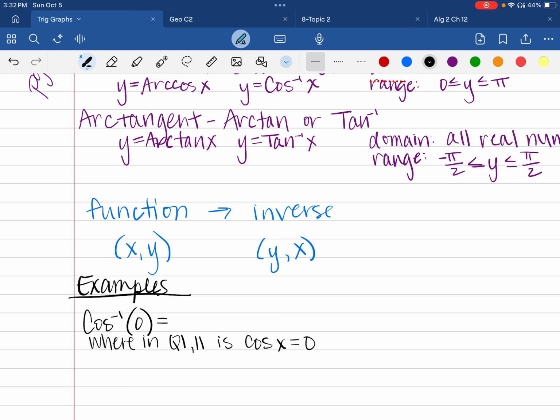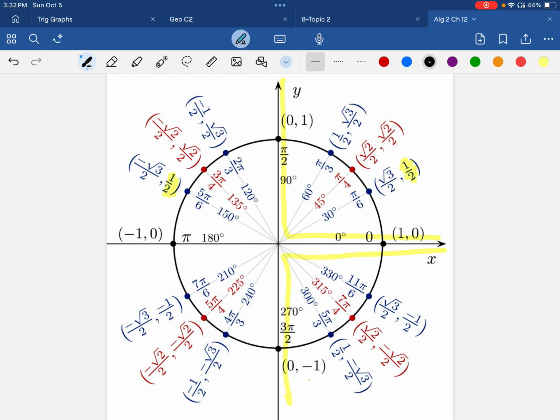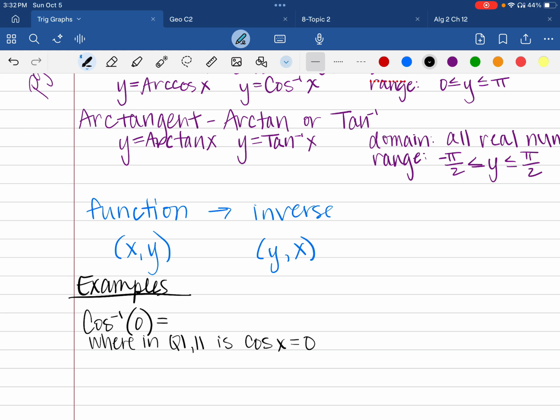If we look at our unit circle in quadrants 1 or 2, cosine, remember, is our x values. Cosine is 0 right here, and that happens at 90 degrees. So the inverse cosine of 0 is 90 degrees, or pi over 2.